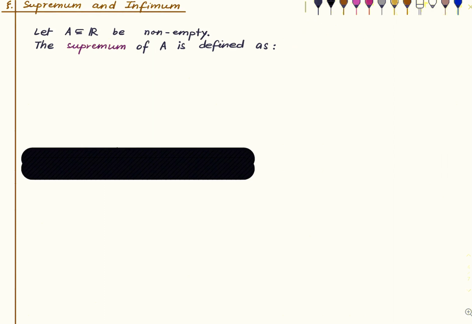So the unique real number field we will denote by this symbol, and it has an ordering. So all of that is there, and now once we have a non-empty subset of it, the supremum of this non-empty subset is defined as two cases. If A has an upper bound, then the supremum is defined as the least upper bound of A.